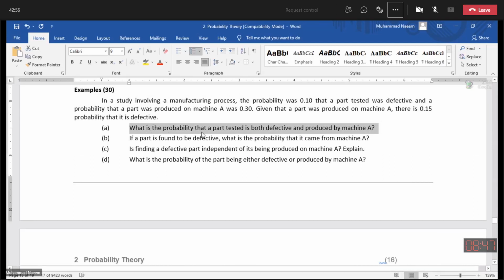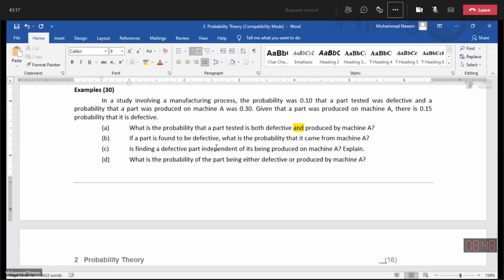In first part, what is the probability that the part is defective and produced by machine A? This means we need here the probability of the intersection.